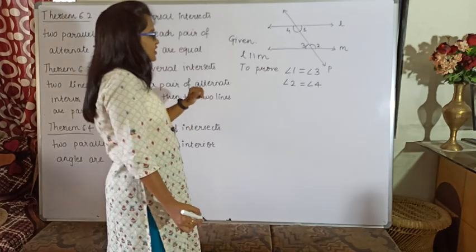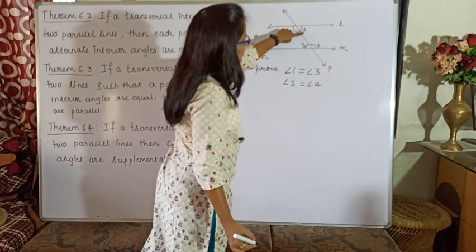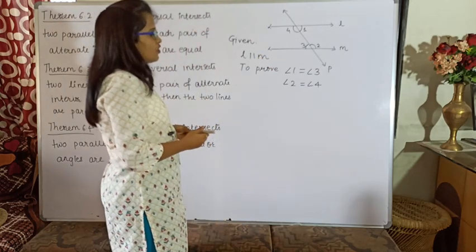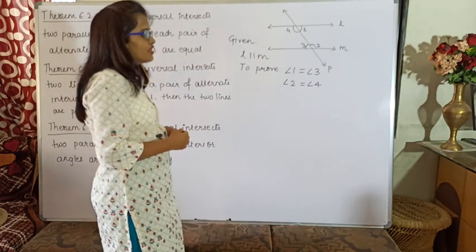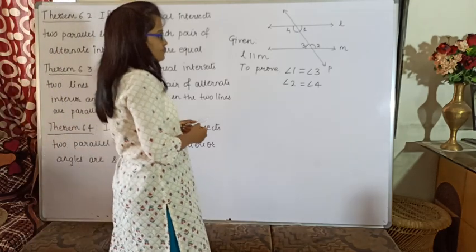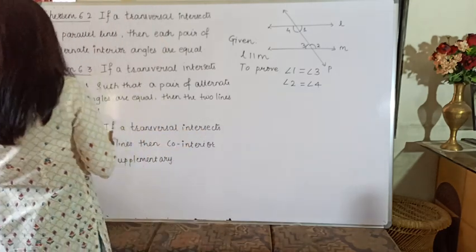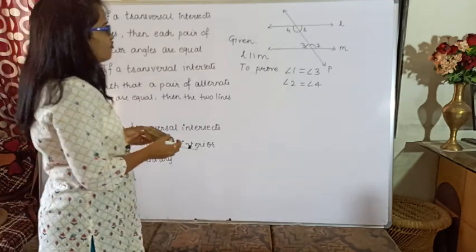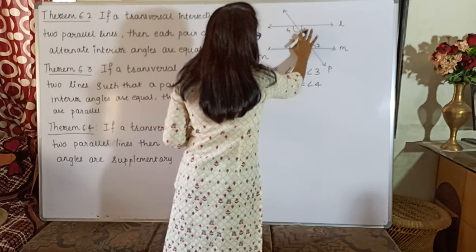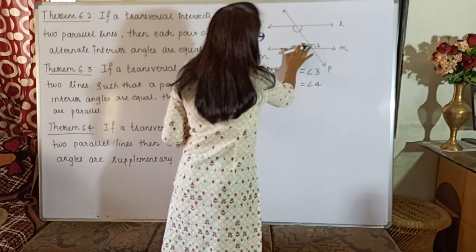So now let us see. I want to show angle 1 and angle 3 to be equal to one another. Now how can I go about showing angle 1 and angle 3? For that I have to name some few more angles. Now by the previous order, let us name them according to what we have named them previously.